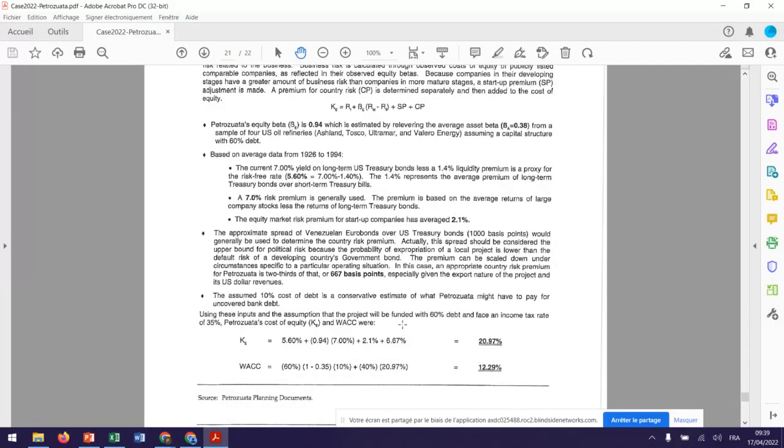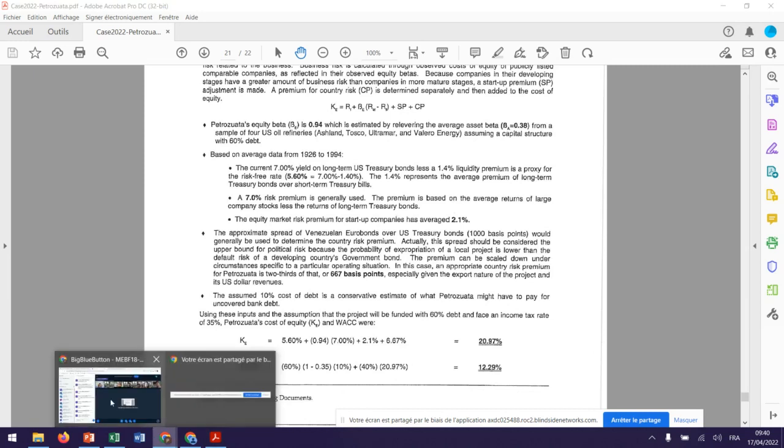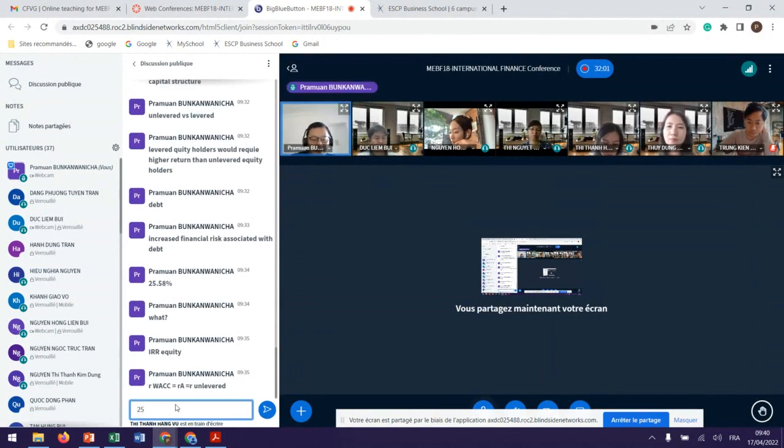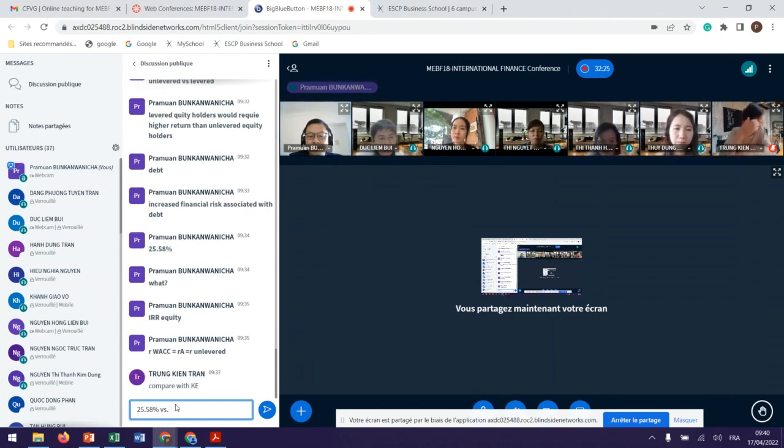You compute 25.58%. You compare with what? With 20.97%, or 12.29%, or 10%? What should you compare your 25.58% with? Anyone help me type. You have to compare 25.58% with the KE.